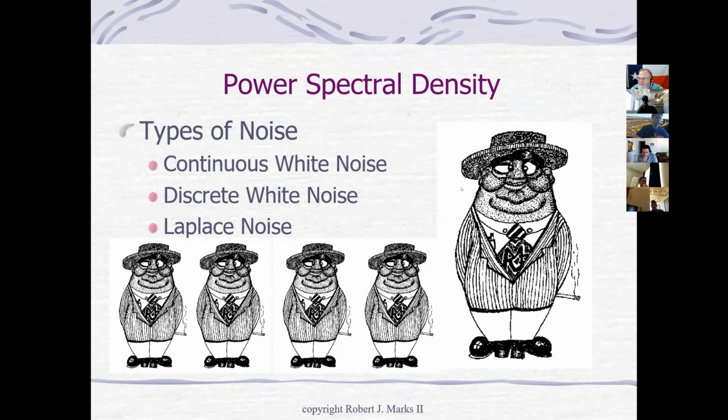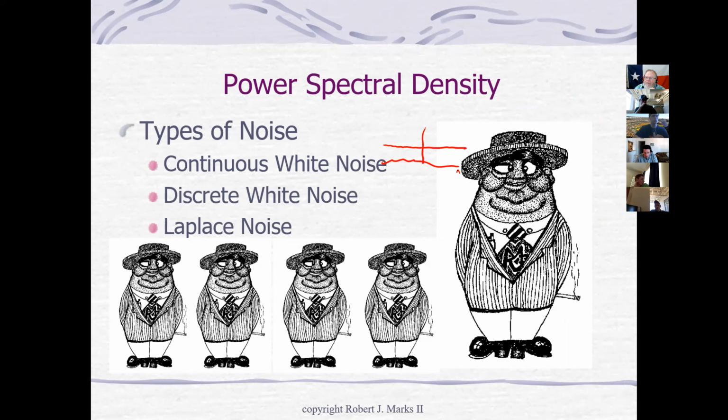Now there are different types of power spectral densities corresponding to different types of noise. And some of these you have heard of. One is white noise. Now, white noise, if you know about light, light contains all of the frequencies.